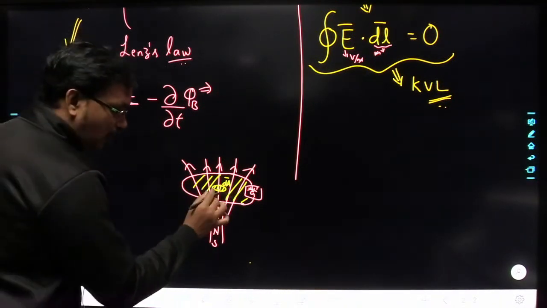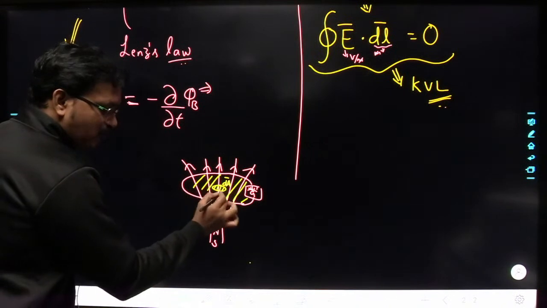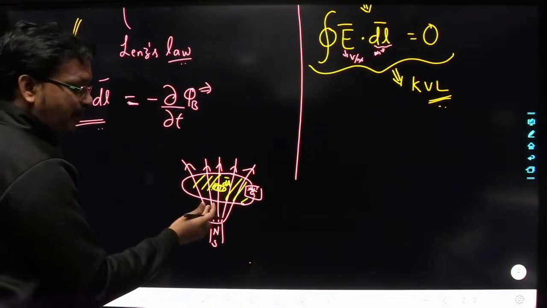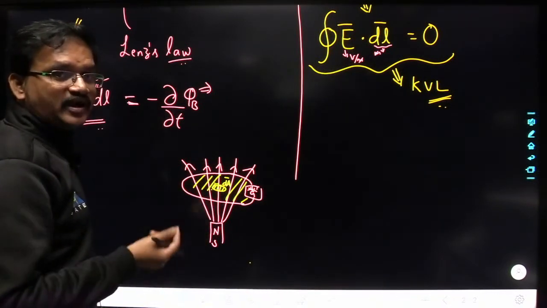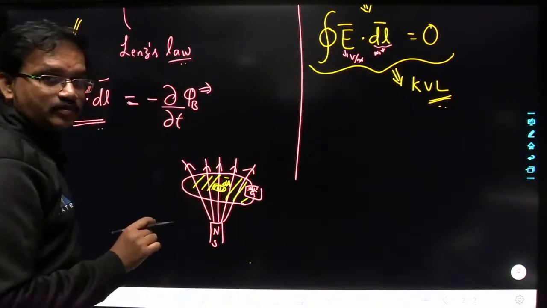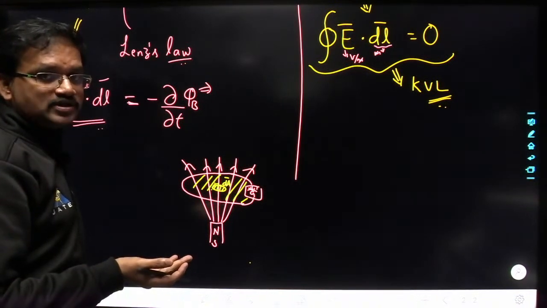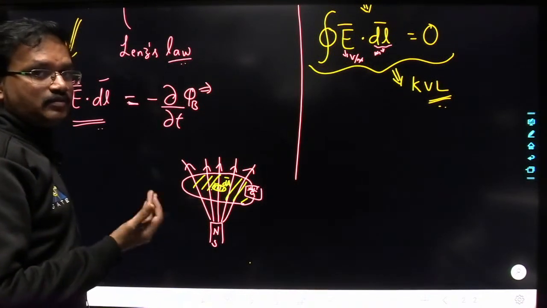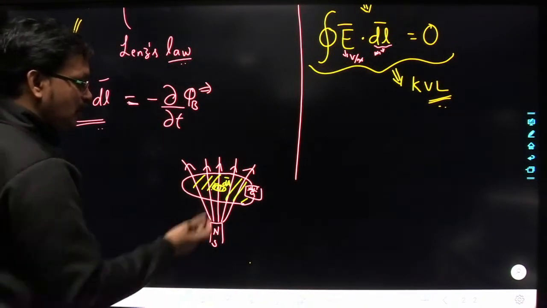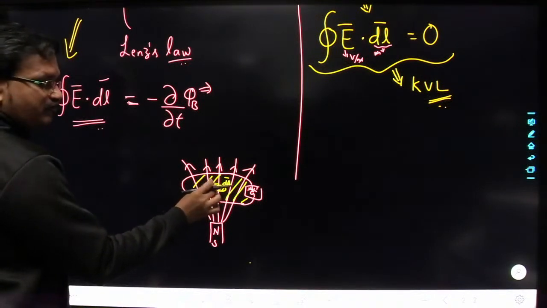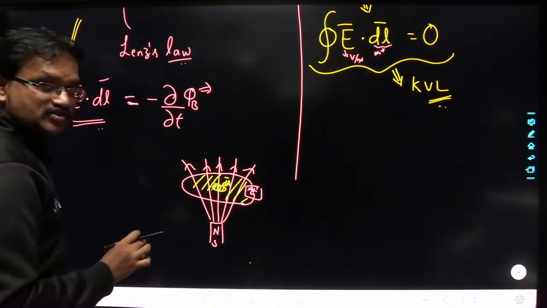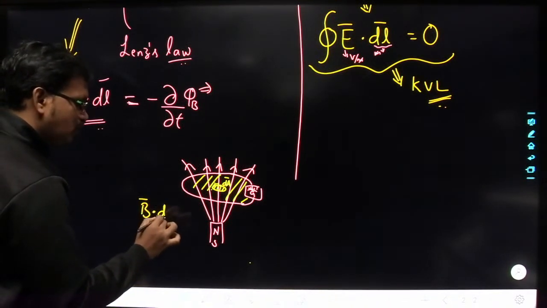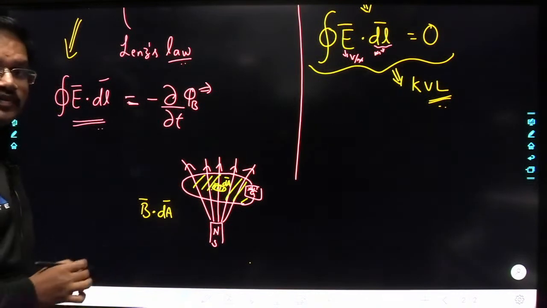If you want to determine how much magnetic field penetrates through this small differential area dA bar, how do we represent it? We have done it many times. I can represent it simply as B bar dot dA bar.